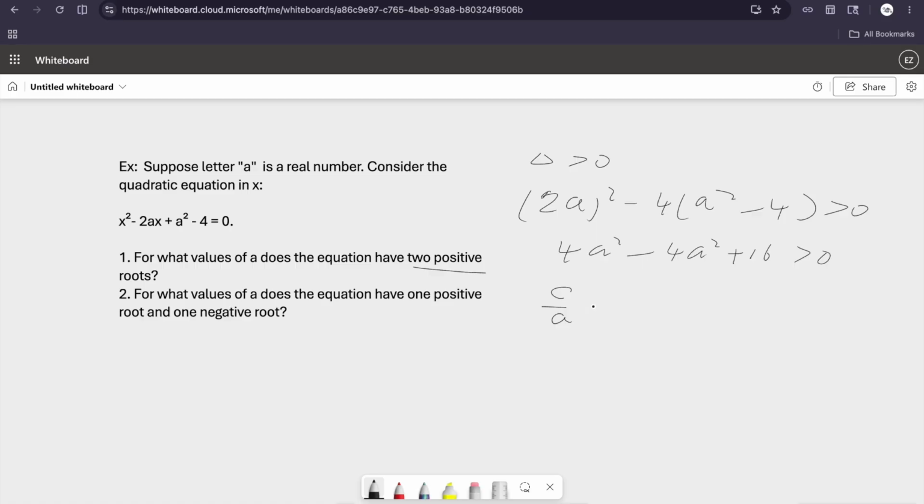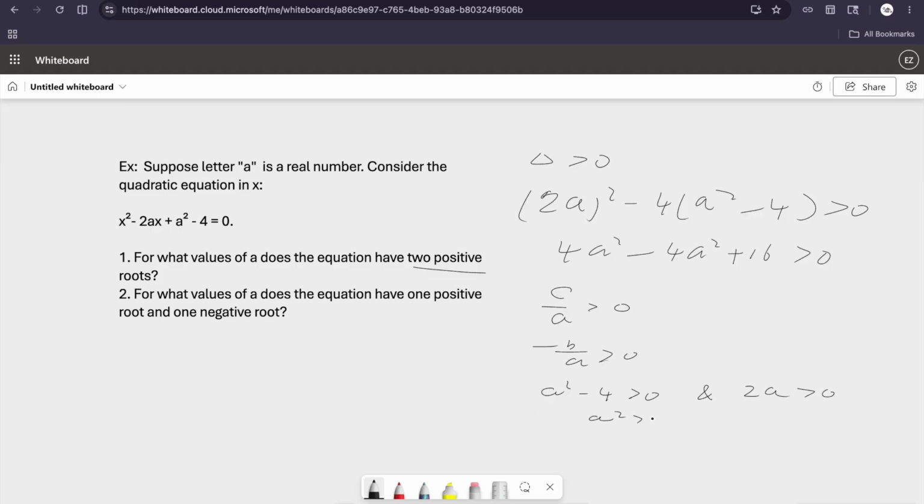Since we want to have two positive roots, c over a, the product, has to be bigger than 0. Also, minus b over a, the sum, should be bigger than 0. So a squared minus 4 bigger than 0, and 2a should be also bigger than 0.